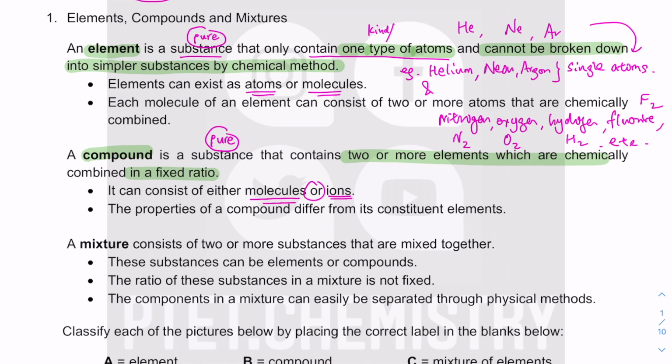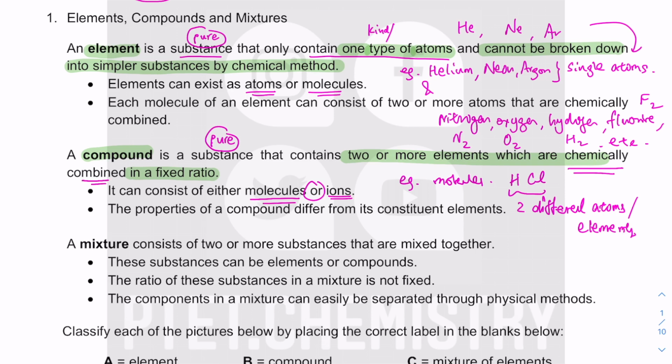All right, so examples of molecules. Just now, H2 is two hydrogen atoms. If I have HCl, these are two different atoms, or you would say two different elements, and they are chemically combined.